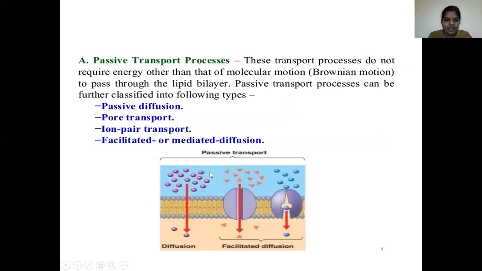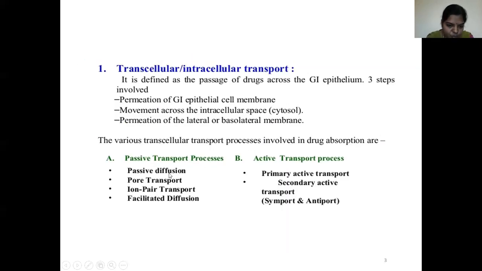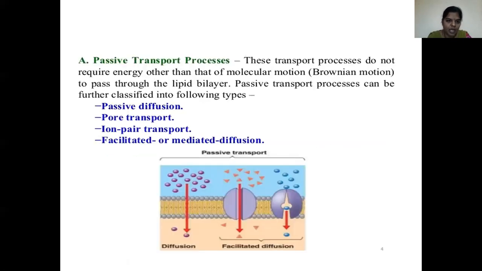First, we will discuss passive transport processes. Under that, first we will discuss passive diffusion. I already discussed the passive diffusion process in the previous class, and again I would like to go through it.